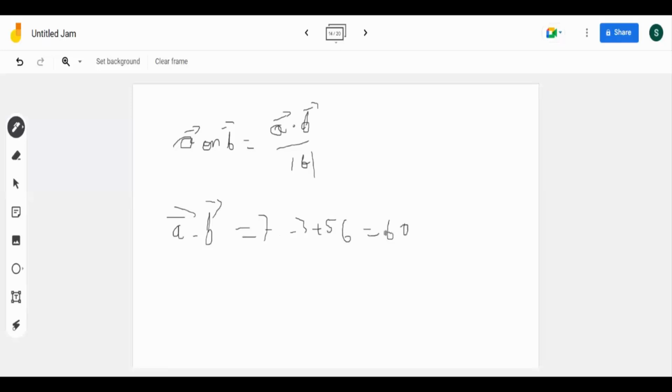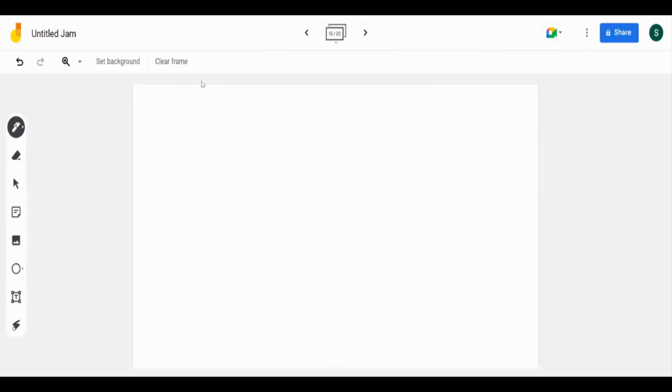Mod B is under root 7 squared is 49, plus 5 squared is 25, plus 8 squared is 64, so 49 plus 25 plus 64 is under root 114. So the projection is A dot B by mod B, that is 60 by root 114. This is our answer.